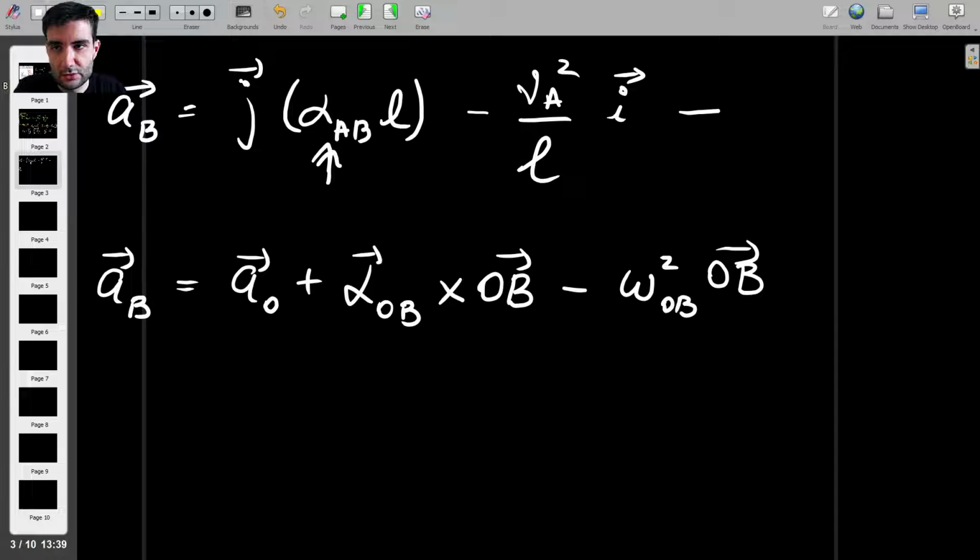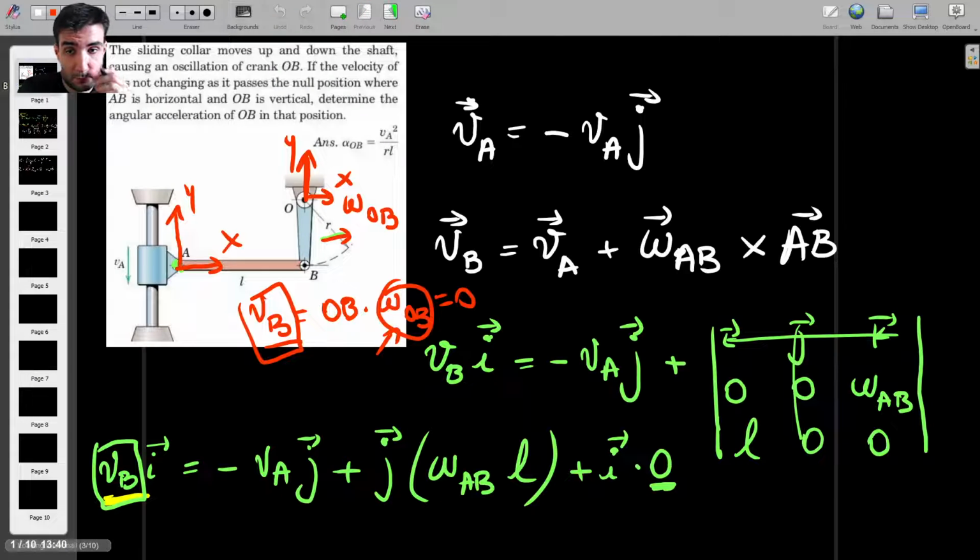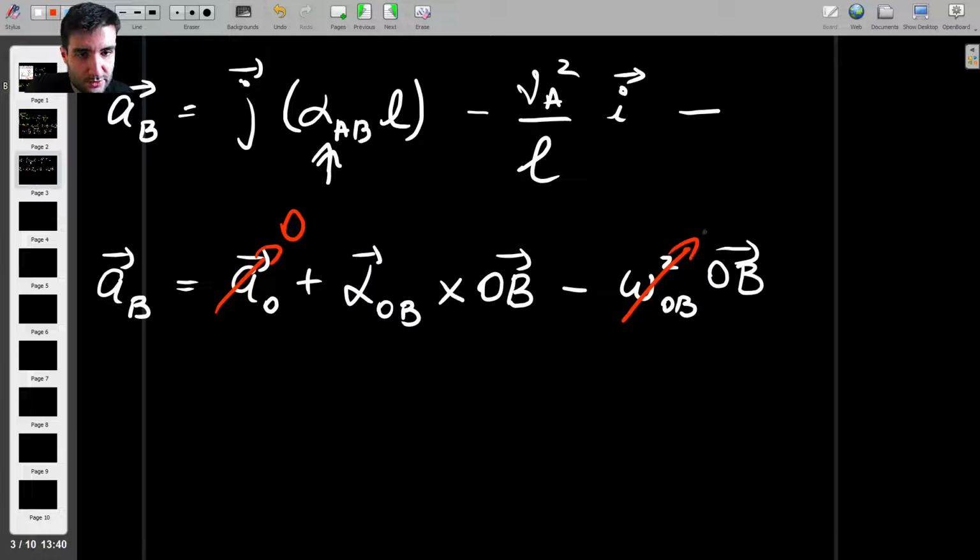Right, the first thing to note is this is 0 because the point O is not going anywhere, and this is also 0.